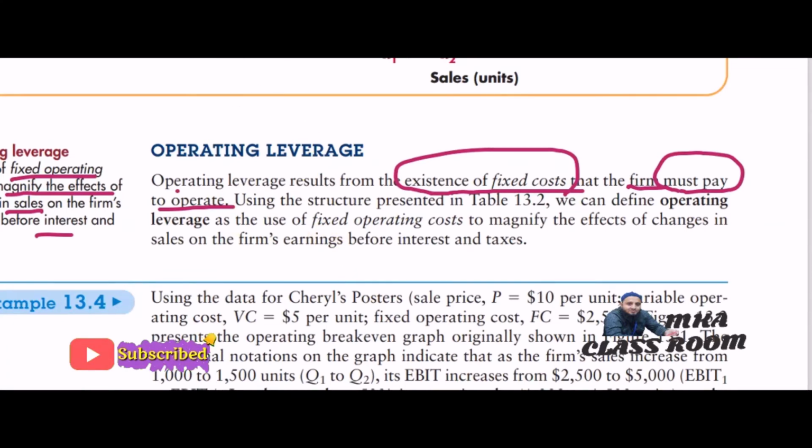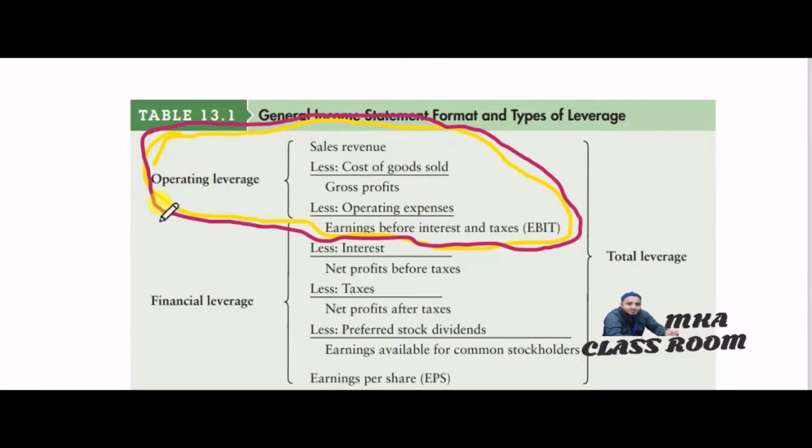Now we will see, in our previous examples we have seen that operating leverage is the result of sales revenue minus cost of goods sold, gross profit minus operating expenses, then earning before interest and tax. So it has a great relationship between sales and EBIT.